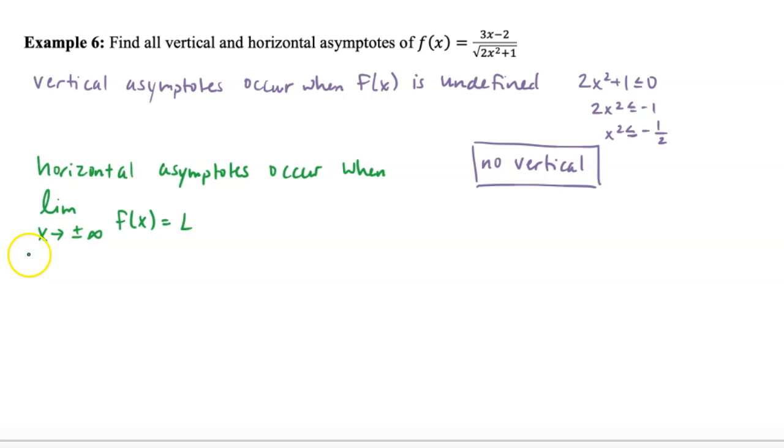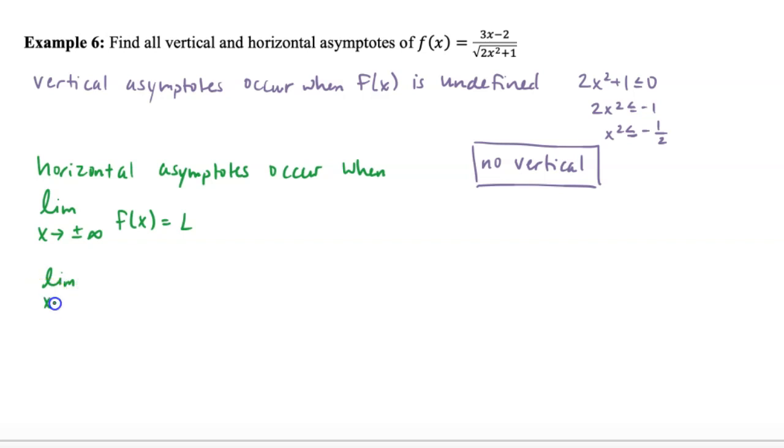This means when I take the limit as x approaches some form of infinity and I get a finite value, that is going to be our horizontal asymptote. So that's what we're going to do. We're going to take the limit as x approaches positive infinity of this function and as x approaches negative infinity of this function. So let's start with positive infinity.